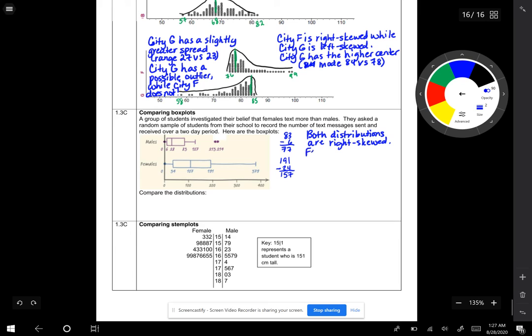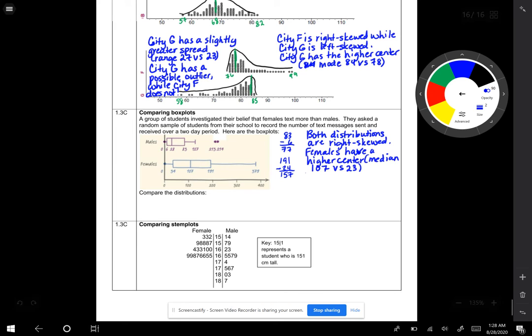Females have a higher center. Median is 107 versus 23.